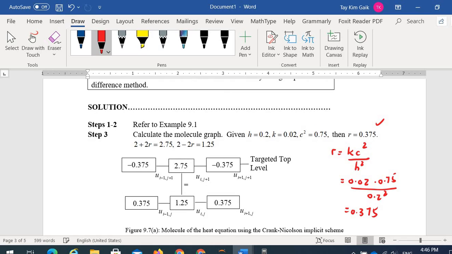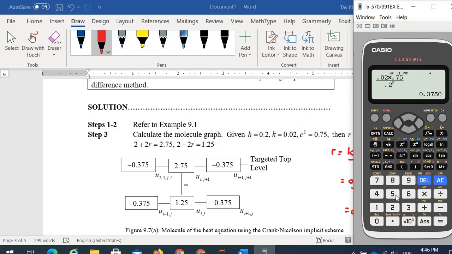Here, this cell is minus r. This is 2 plus 2r, which is 2 plus 2 times 0.375, which is 2.75. This is minus r. This is positive r, positive r. This is 2 minus 2r, 2 minus 2 times 0.375, so you get 1.25.